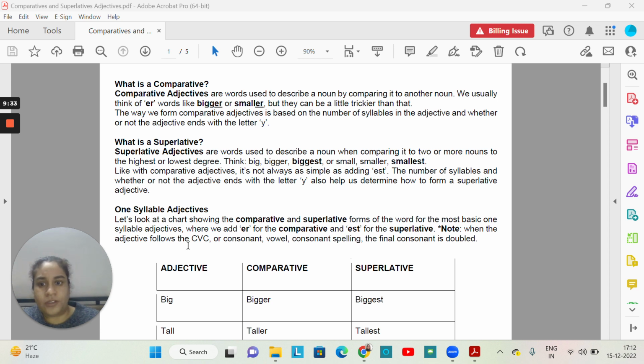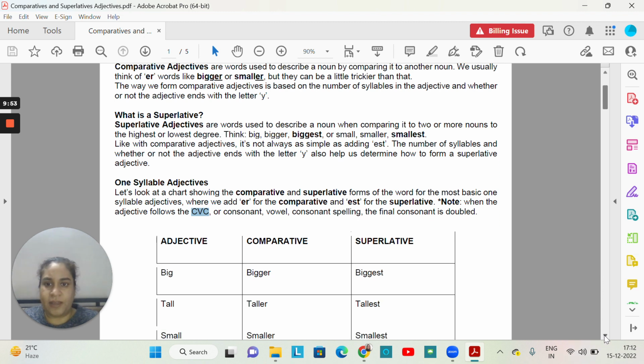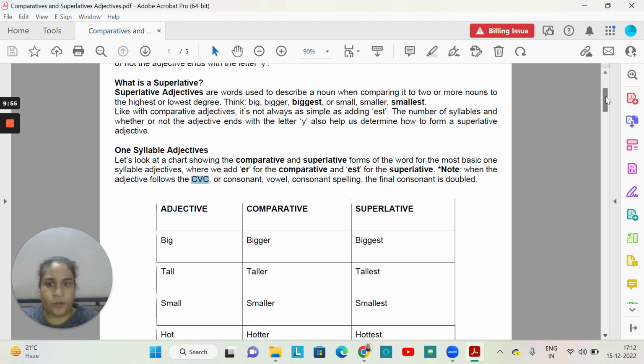If you follow this format, CVC, the last alphabet is a consonant. That last alphabet will get doubled automatically when you are framing a comparative or a superlative adjective. Let's look at the examples.